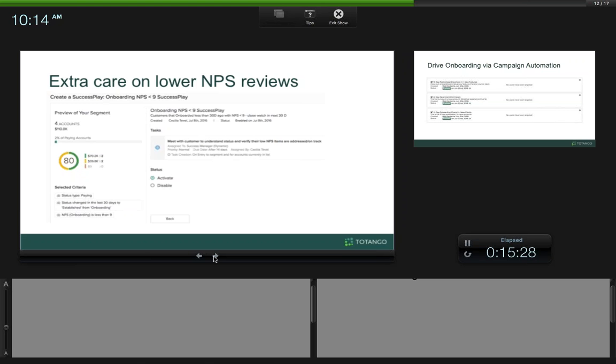And this can be a way for you to automate that. If Tatango knows the NPS score, if you're feeding that data to Tatango, then you can easily infuse that into a process, set up a success play to make sure that the responsible CSM has a specific process that they follow after a less than a stellar review is given.